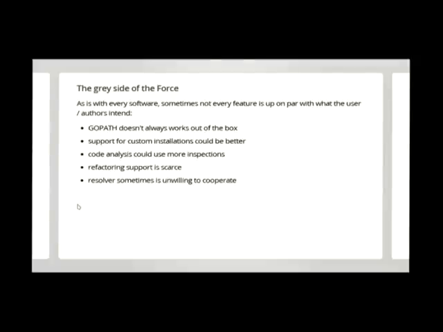Custom installations could be a bit better, but sometimes maintainers have their own views about how to pack Go into various operating systems. We plan to add more code inspections, so for example, detecting automatically when you pass int64 into an int32 function and so on, which I think we already do have. Refactoring improvements.